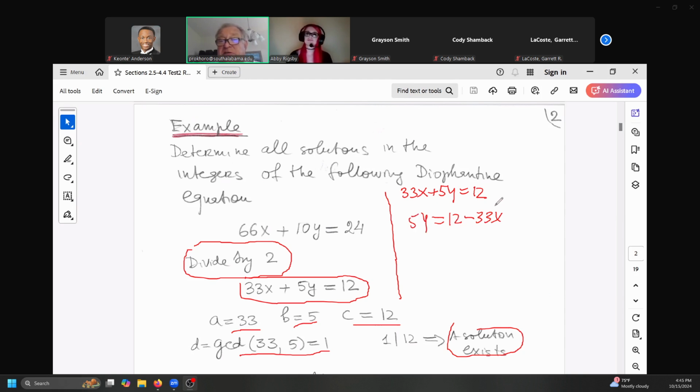Now the expression is divisible by 5. So this means for x, how many cases do we have? If divisibility by 5, how many remainders do we have? 5. We write the remainder equals 0, 1, 2, 3, and 4. Now use these values of x and tell me x and then y.